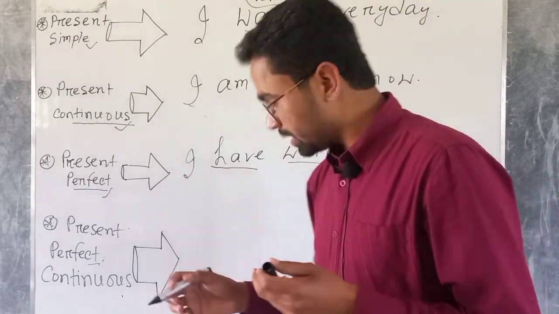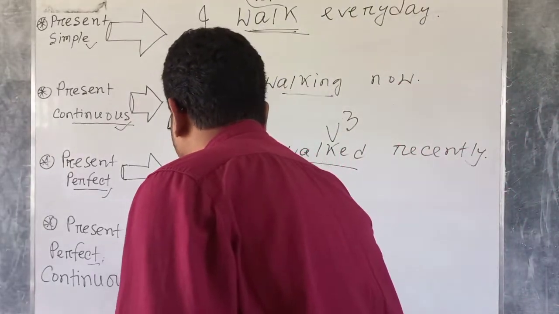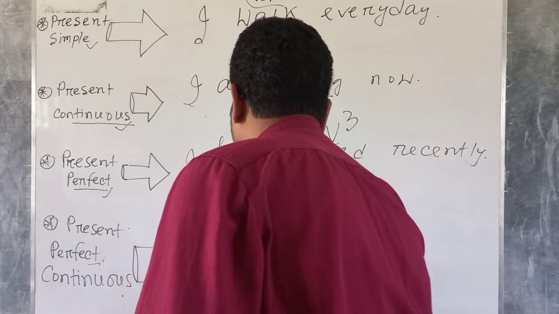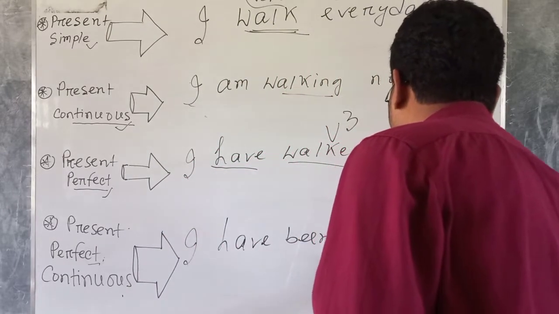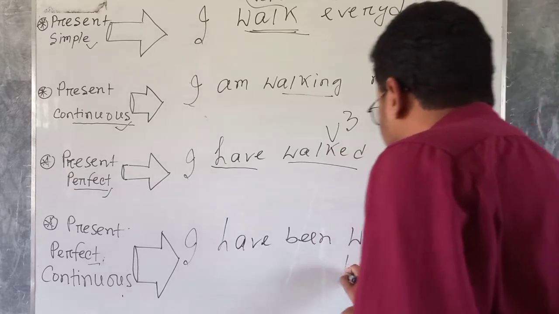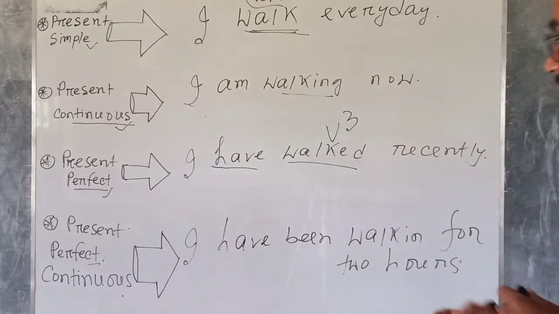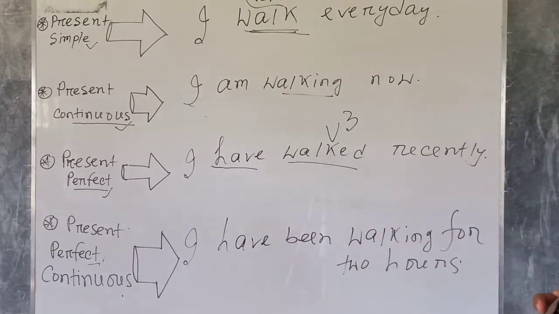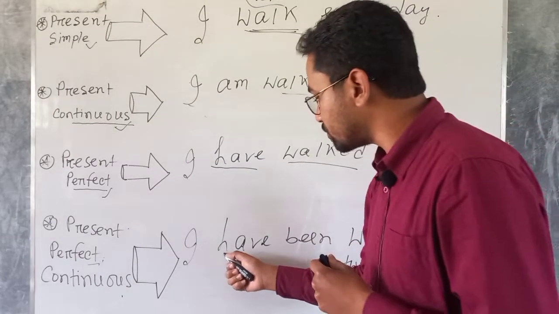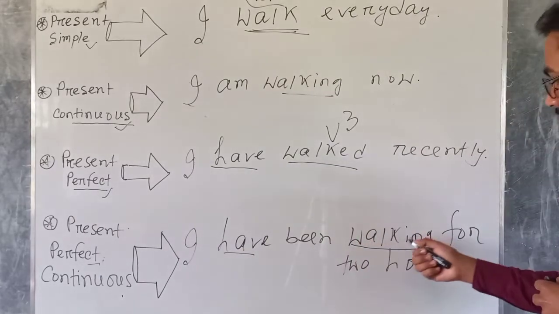Now let's write a sentence on the board, that is, I have been working for 2 hours. I have been working for 2 hours. In this sentence, I have found have, also working with ing.